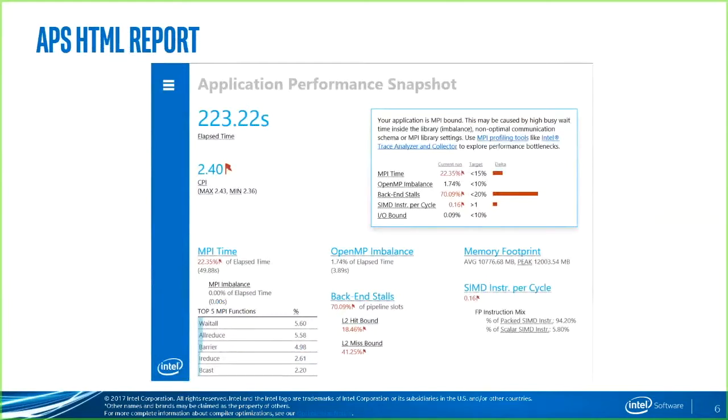Okay, so this is just an example of a typical HTML Application Performance Snapshot report. We will look at aspects in more detail, and this report is how it looks for KNL.